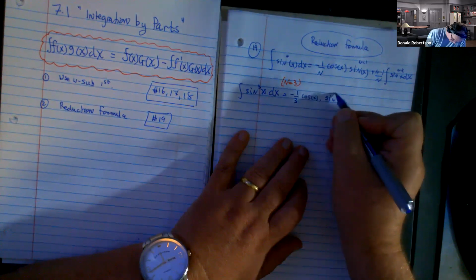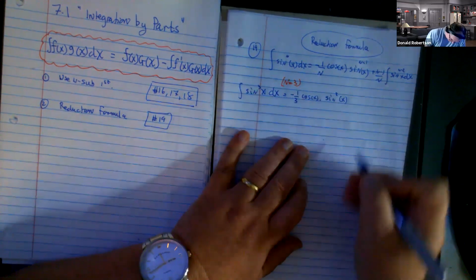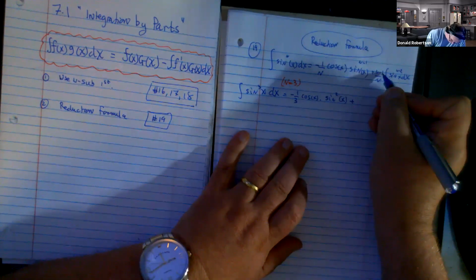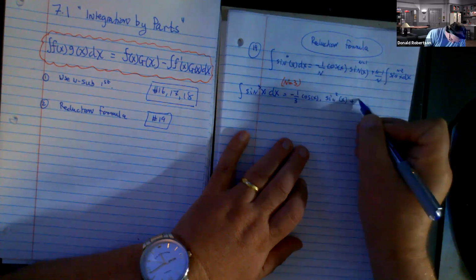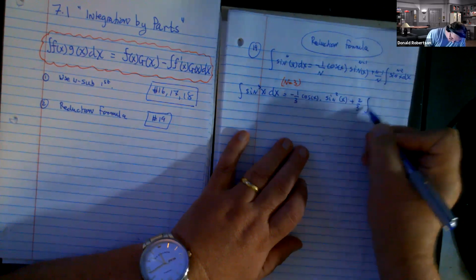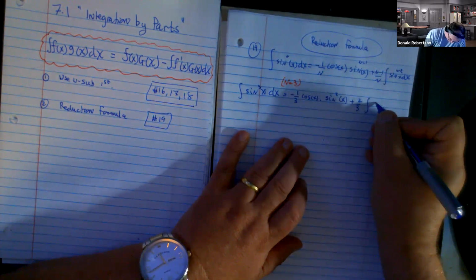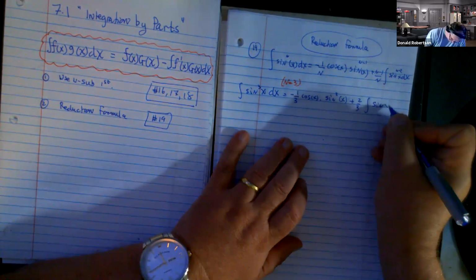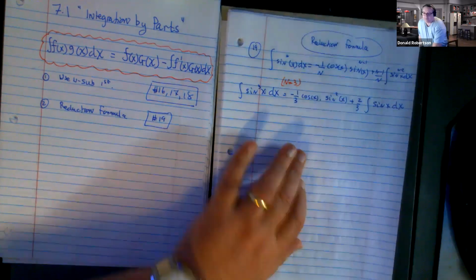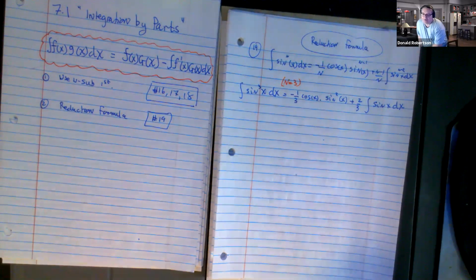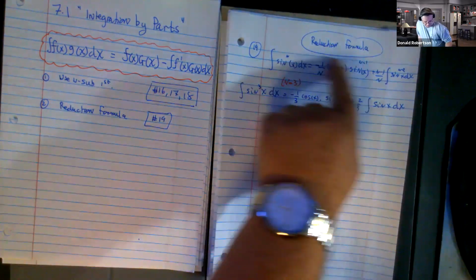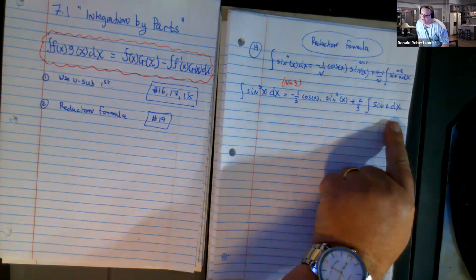So that becomes sine squared x. Plus 3 take away 1 is 2/3. And the sine of 3 take away 2, well, that's 1. So you just get the sine of x dx. Are you happy about how this formula for sine cubed became this?